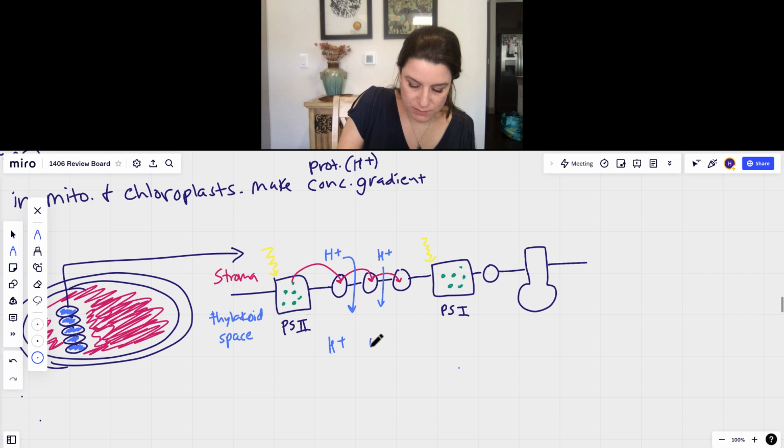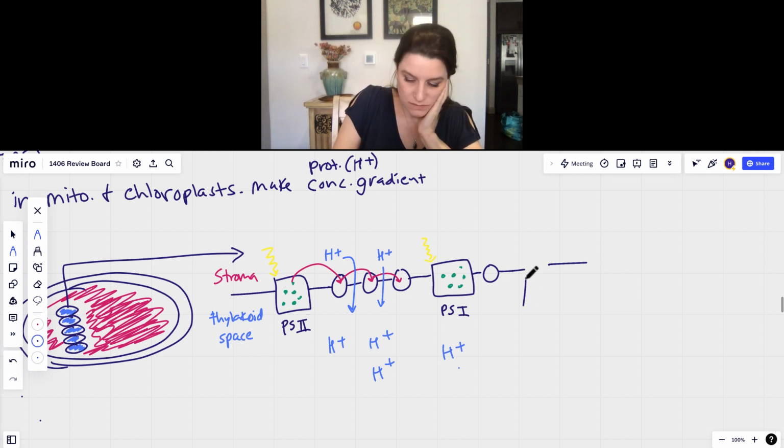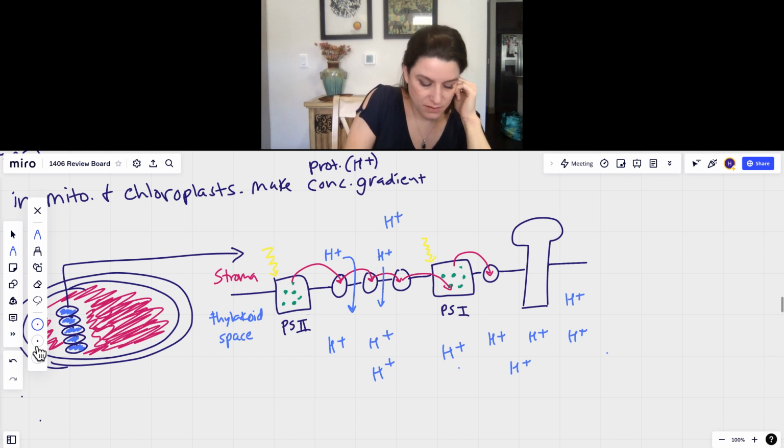That's why you build up the protons inside the thylakoid space. Draw this the other way. Okay, then the electrons are passed to photosystem 1, where they get bumped up again. Electrons are passed to the little electron transport chain, and then they're passed out of the system. So let's look at what's involved here.